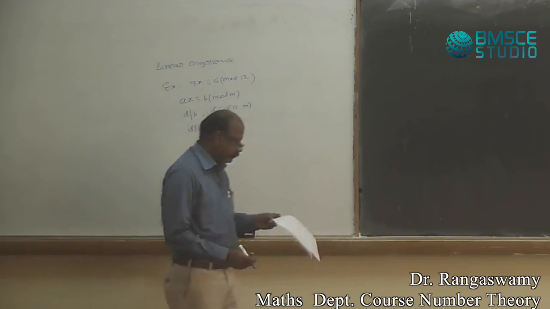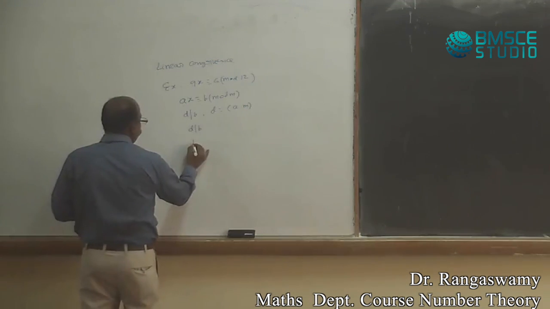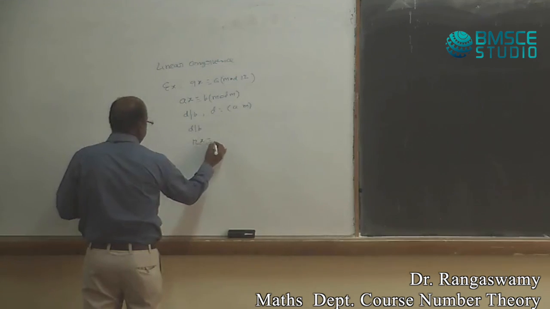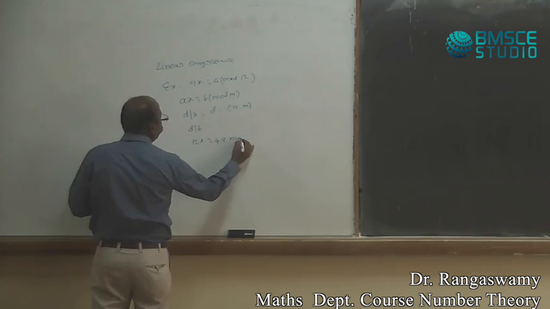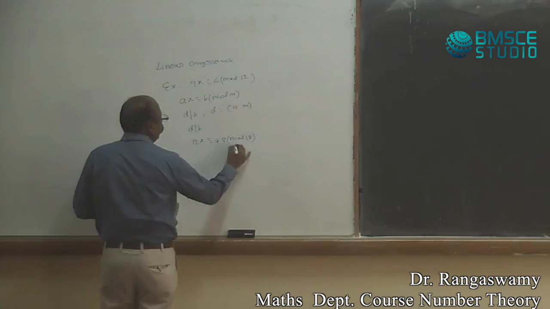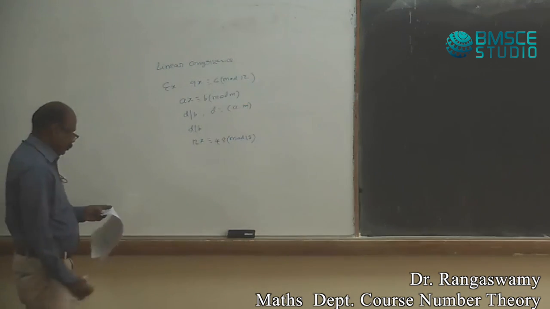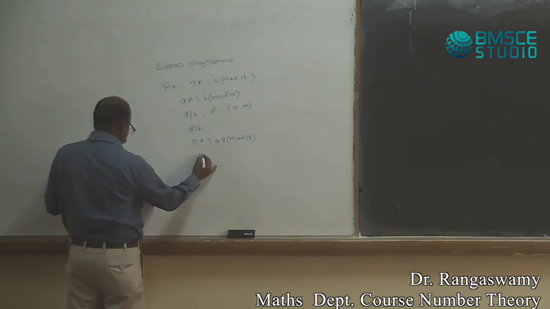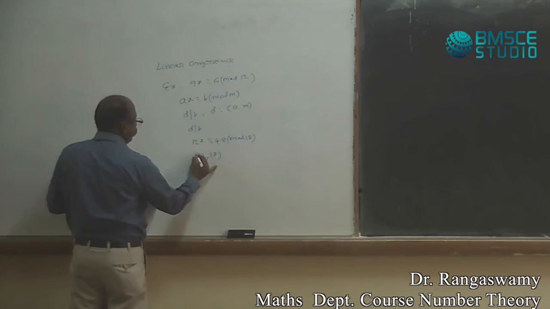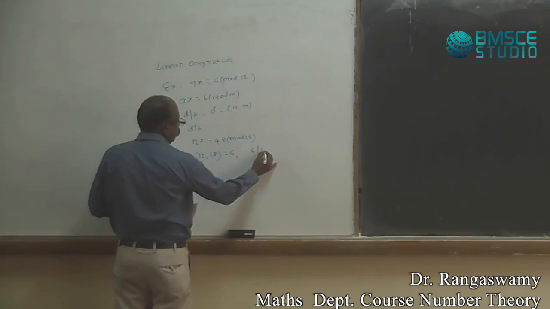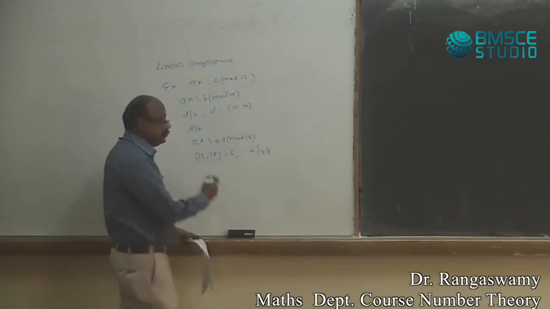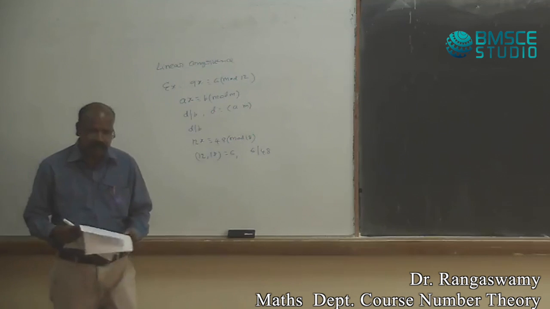Example: 12x congruent to 48 mod 18. The GCD of 12 and 18 is 6, and 6 divides 48. It has 6 solutions.